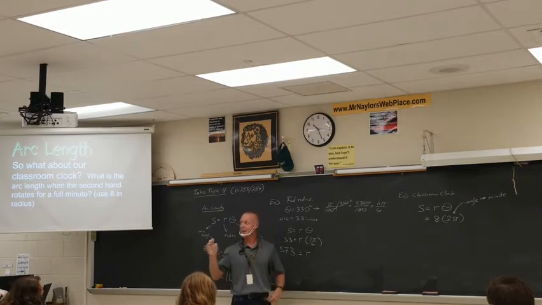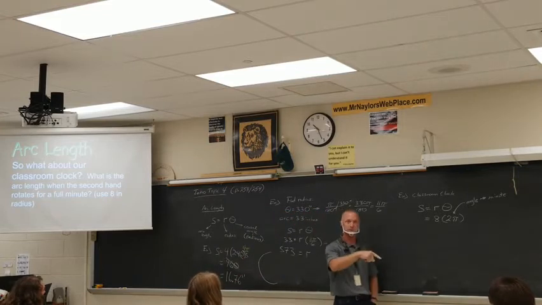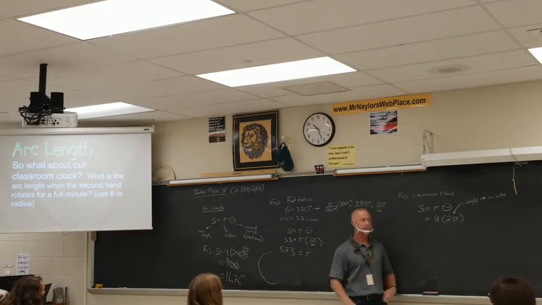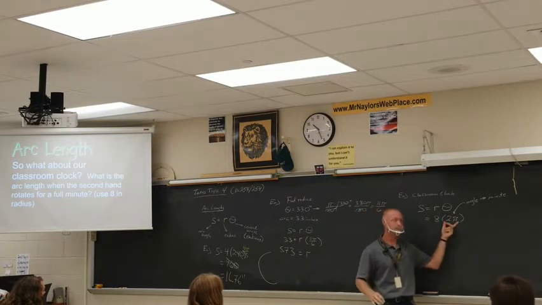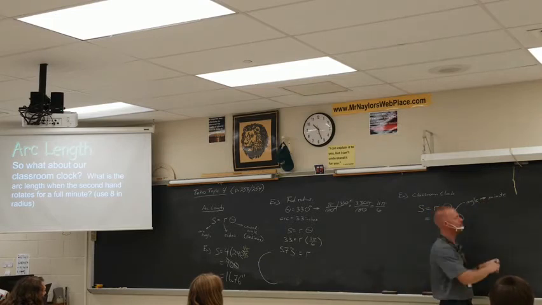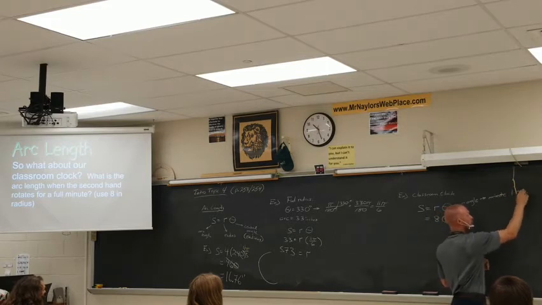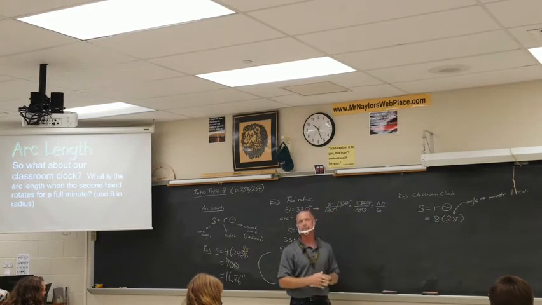Now, here's the aha moment. That's why 2 pi is in that formula from 8th grade or 7th grade or whenever. That formula had a 2 pi because why? Because that is the angle that goes with not just a minute, but it's the angle that goes with 1 revolution. It's the angle that goes with that theta.